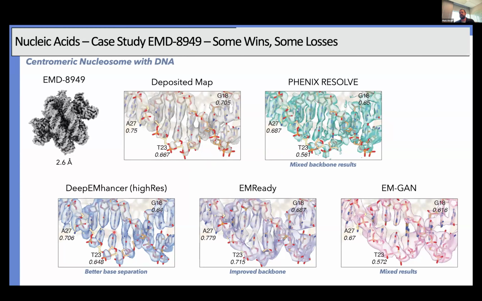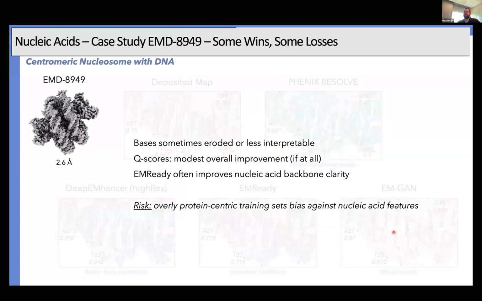And so this could lead to better interpretability of what an individual base was. EMReady had improved connectivity in the nucleic acid backbone, not much improvement in the bases, whereas EMGAN had mixed results, improving the backbone while also having base separation.